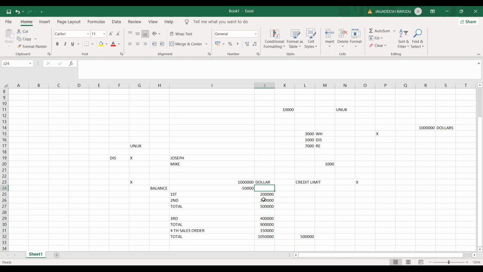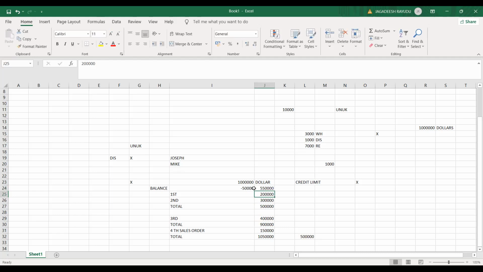I would like to see what my credit exposure will be, that means how much he is supposed to pay back out of 10,50,000, minus what he paid by check. So that means 5,50,000.